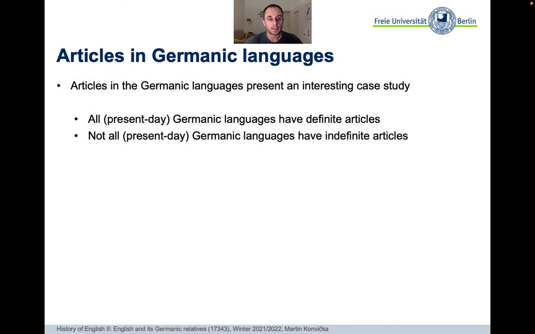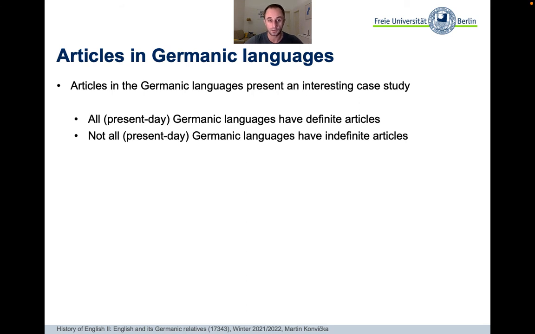But if we take a look at the present day currently spoken Germanic languages, we'll see that all of them have definite articles. This doesn't apply to older Germanic languages, because if you remember what we discussed in the first month or so, Old English, for example, didn't have articles. But nowadays, all Germanic languages have definite articles.